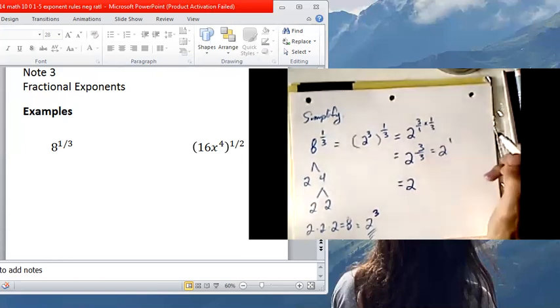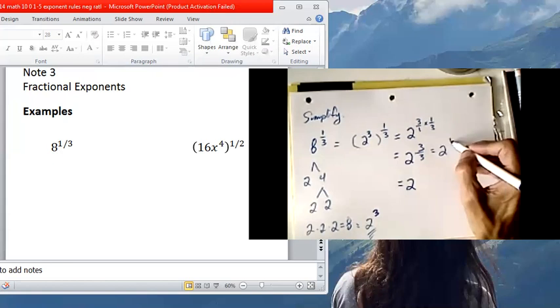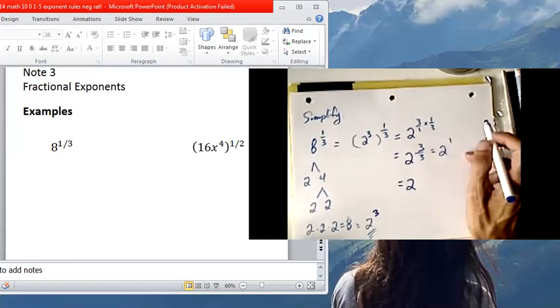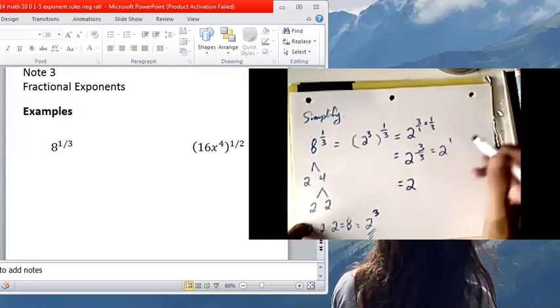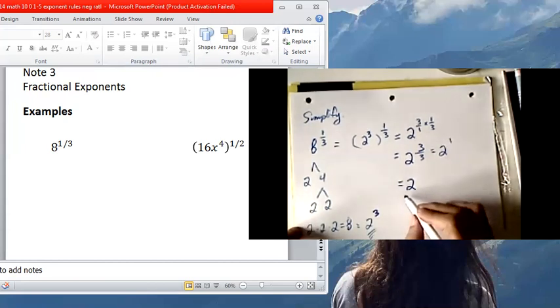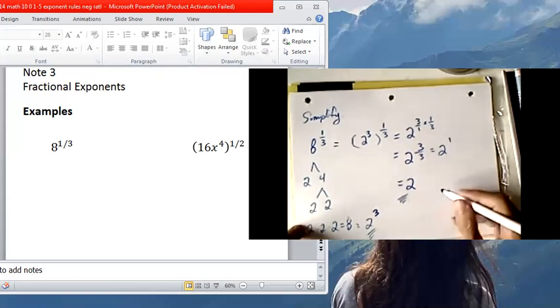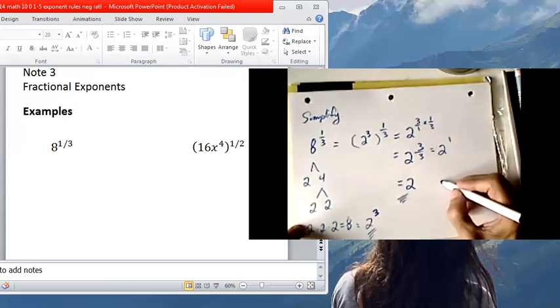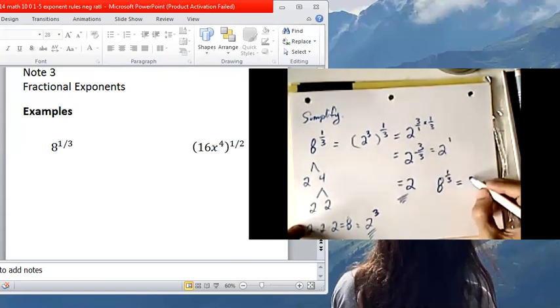That's 2 to the 1. And because it's a 1, we don't write it. And so we get our final answer looking like this. And so to be professional, check this out. 8 to the 1/3, the original question, is equal to what? That's equal to 2.